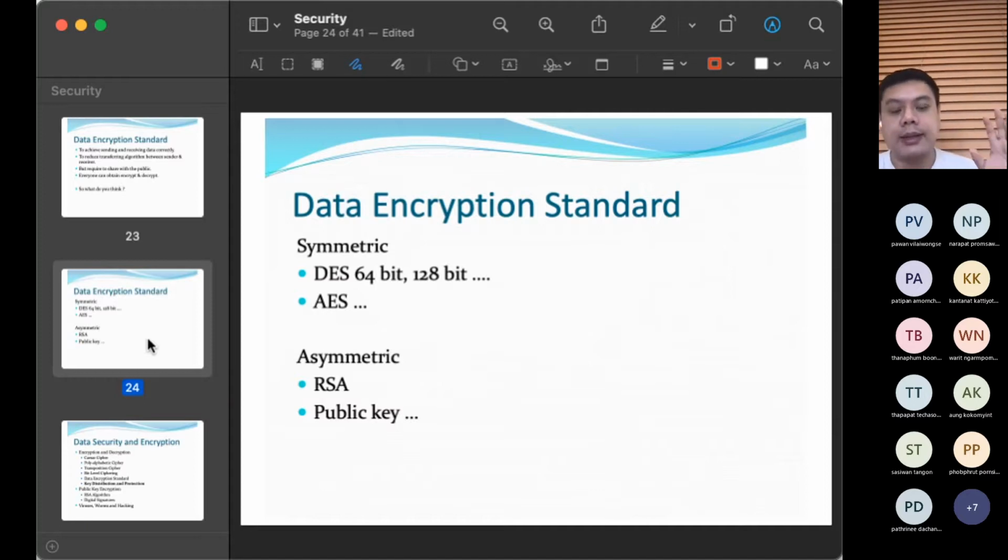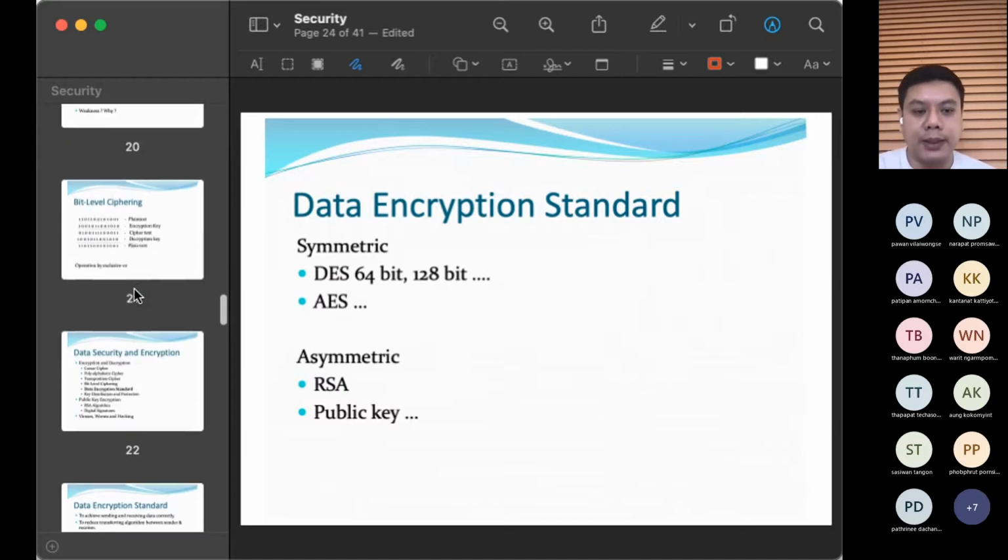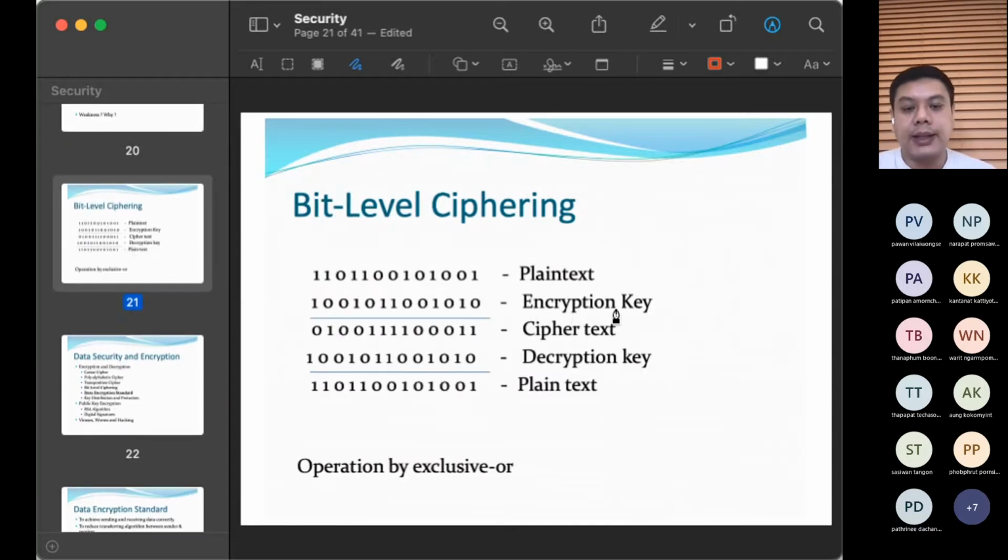Symmetric means the key we use at the bit level to encrypt and decrypt is the same key. Just like your door at home, you use the key to lock the door, and you can use that same key to open the door. That's the same idea.